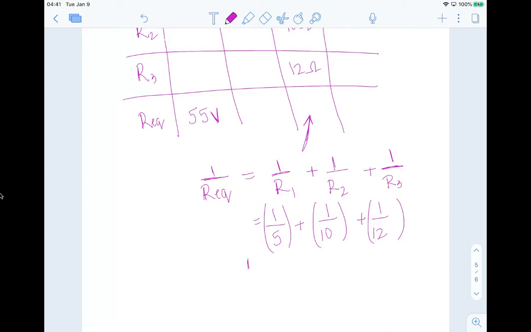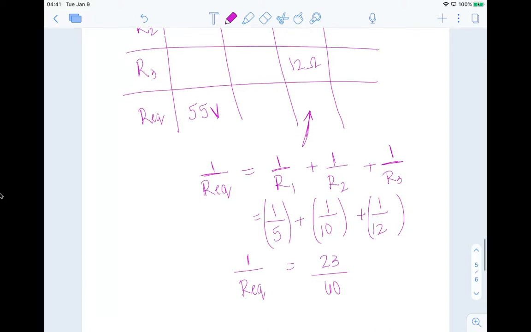And we end up with 1 over REQ equals 23 over 60. If you did this and got a decimal, the 0.38, always make sure you just use a fraction. You don't want to round anything. Rounding is the very last step. So always put it in a fraction or use the entire number with all of those 3's there. It's totally up to you. But you don't want to round, even if it's 2 or 3 decimal points.